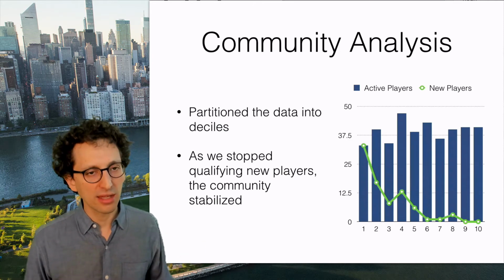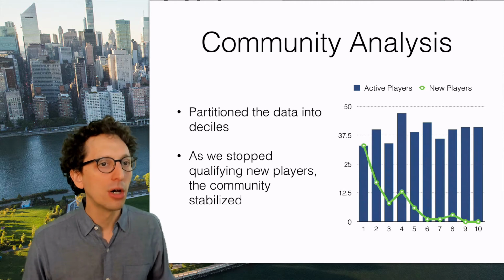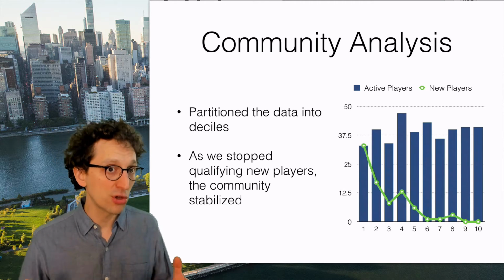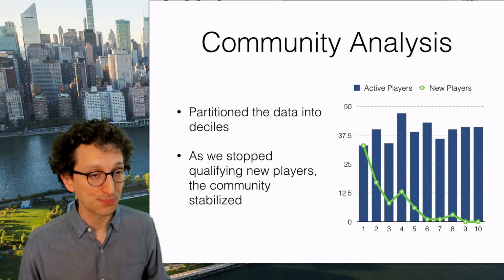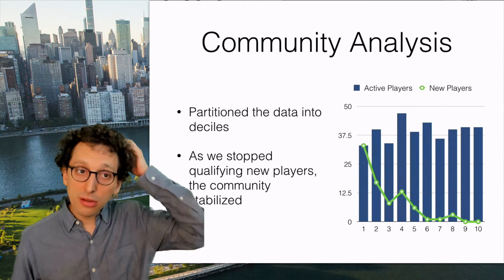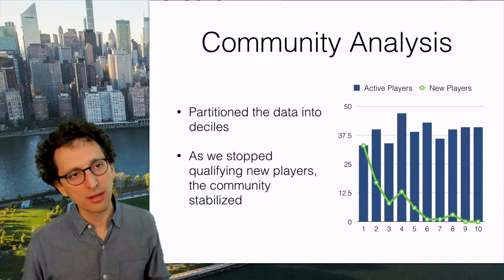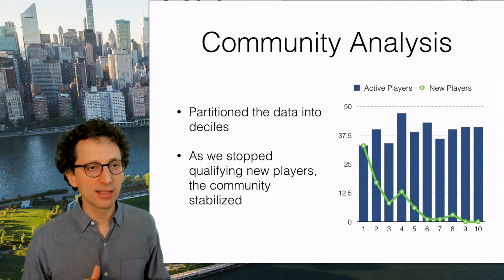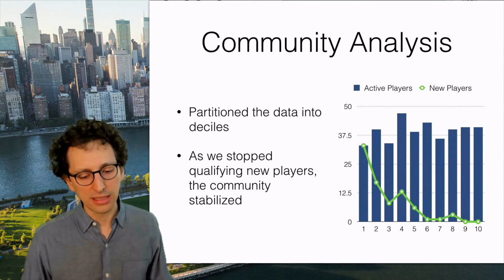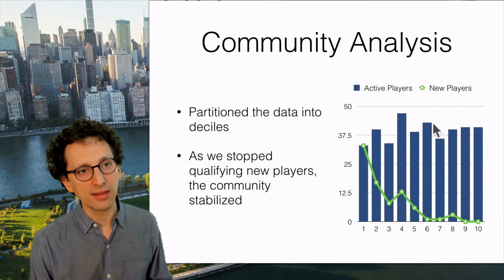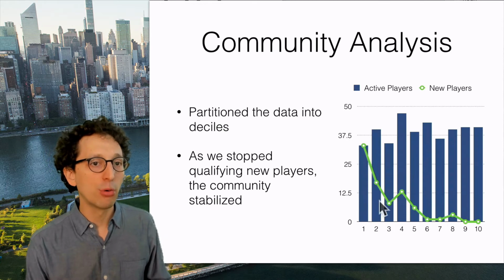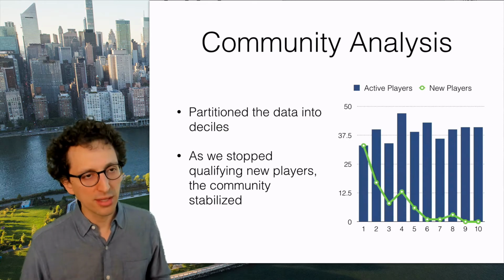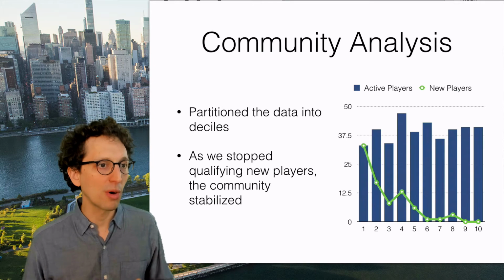All partitions have the same number of games. So what do we see here? We see that the community relatively stabilizes. The number of active players, which fluctuates early on, is stabilizing in the later deciles, and we have fewer and fewer players joining. And this is for a simple reason: we just stopped qualifying new players to join the game.